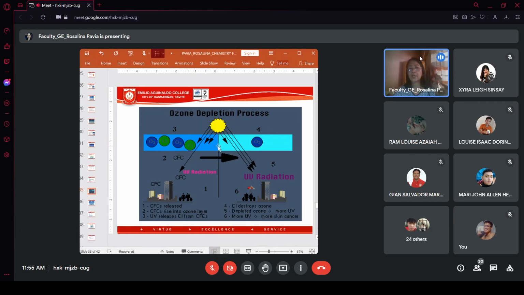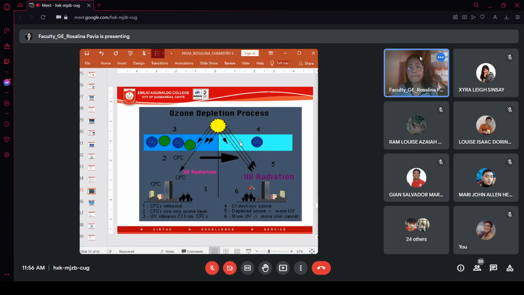Not only CFCs, marami ding mga halons. Yung halons, they consist also of chlorine. Those are chemicals that consist of halogens that when released to the atmosphere, are responsible also in the depletion of the ozone layer. So anong mangyayari?